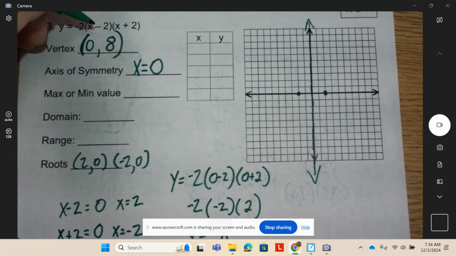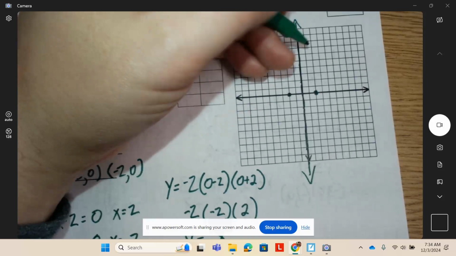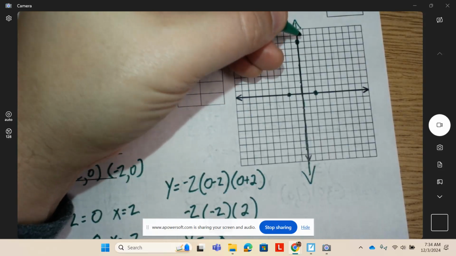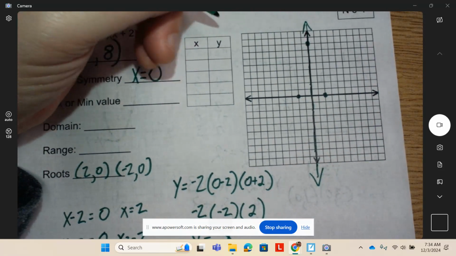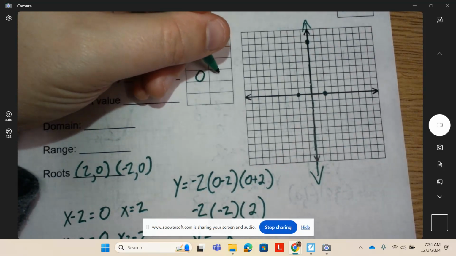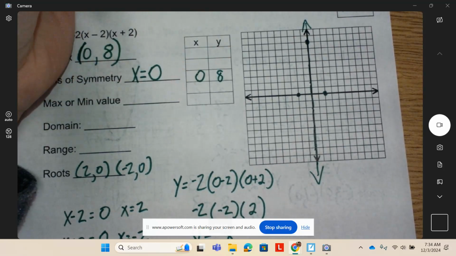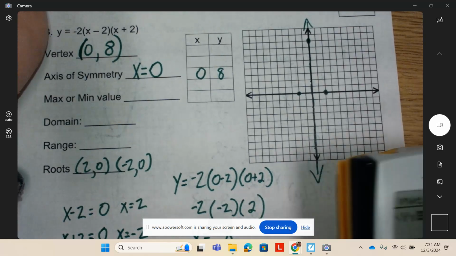So I put that in over here. Let's see, 0, 8, it'll be way up here. We can already tell by the way my points are facing that it's going to be a maximum instead of a minimum. But let's go ahead and put it in and double check that.